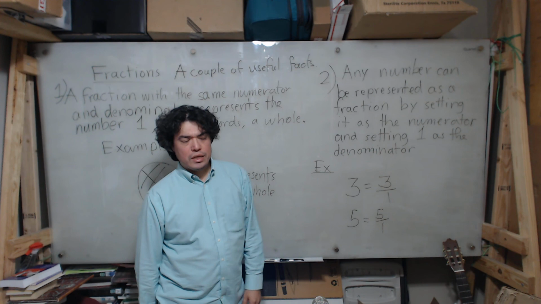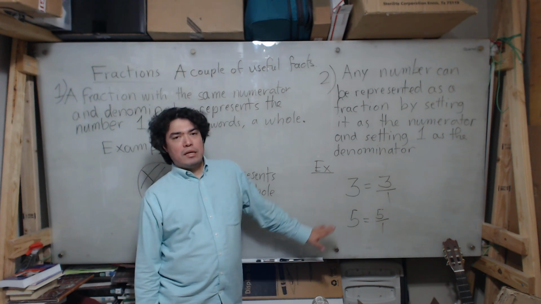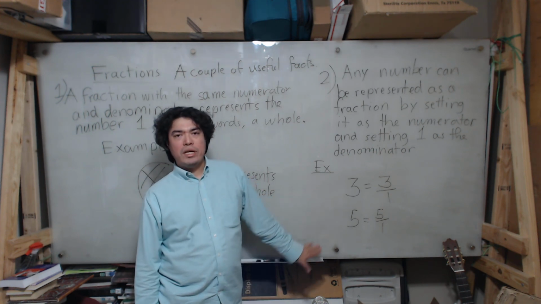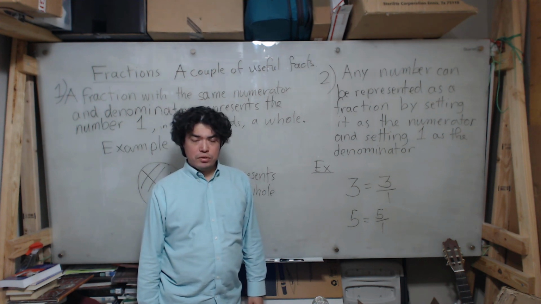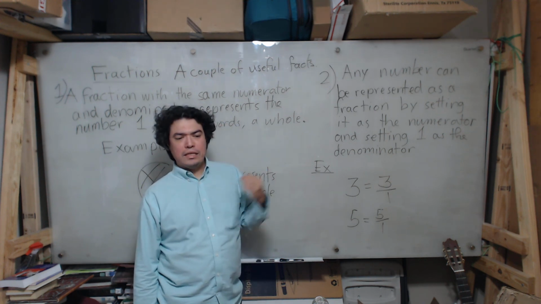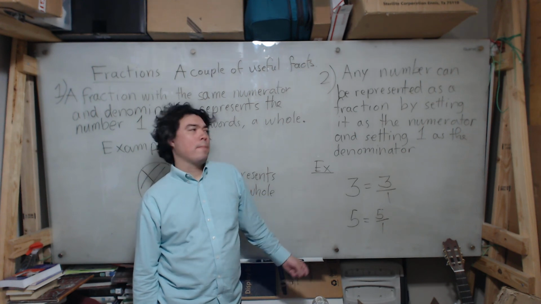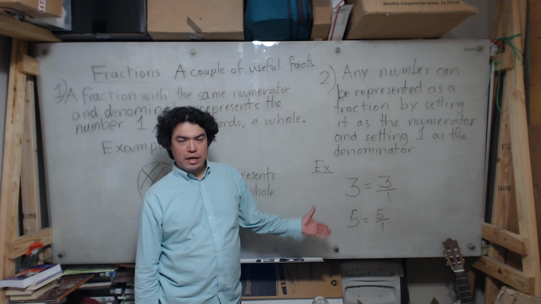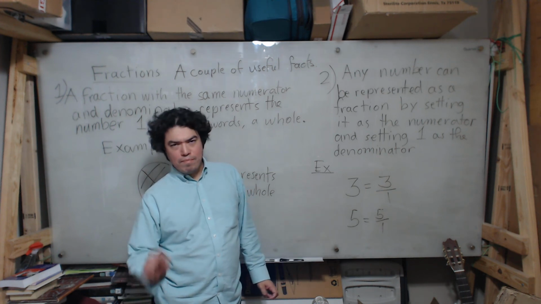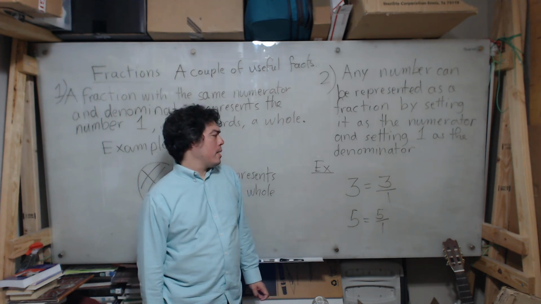Okay? Now, this is going to play a role in showing how mixed numbers can actually be converted into an improper fraction. That's where this fact is going to play a role. And it will also come out later in other areas, but that is one of the main places where it's going to come out.